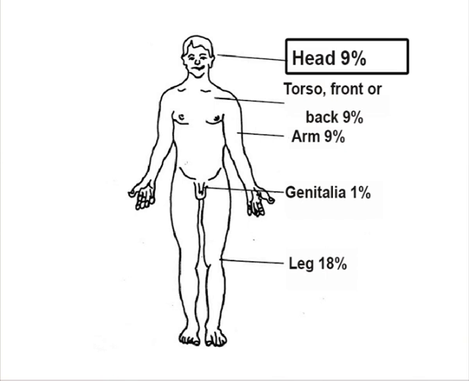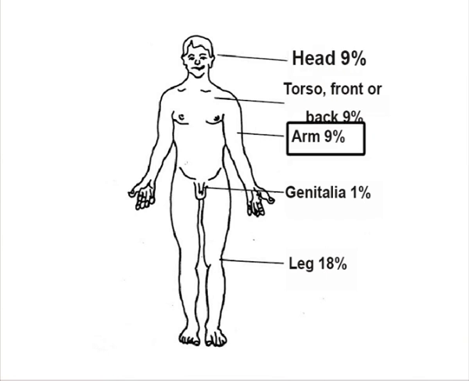Here, if you observe the figure, it shows head burn, which is considered as 9% of the surface area of the body. At the same time, each arm is showing 9%, genitals is showing 1%. Each leg is considered as 18% burn.